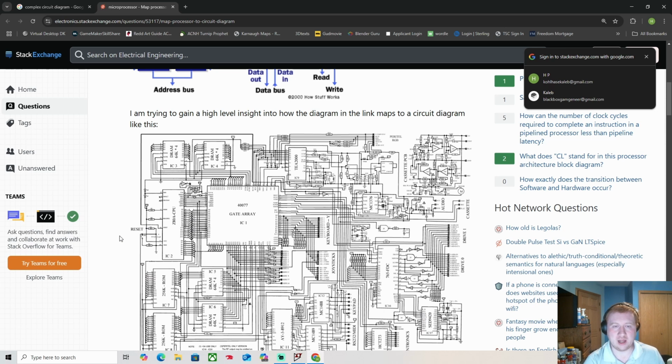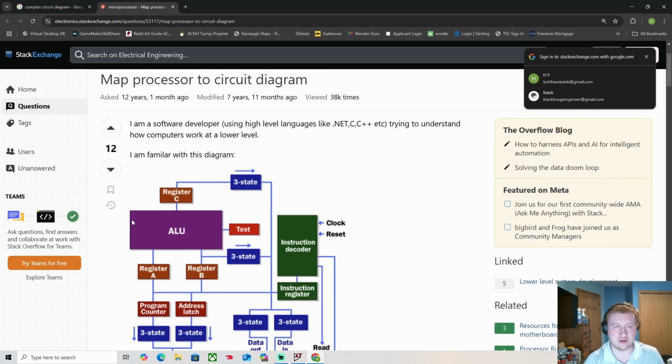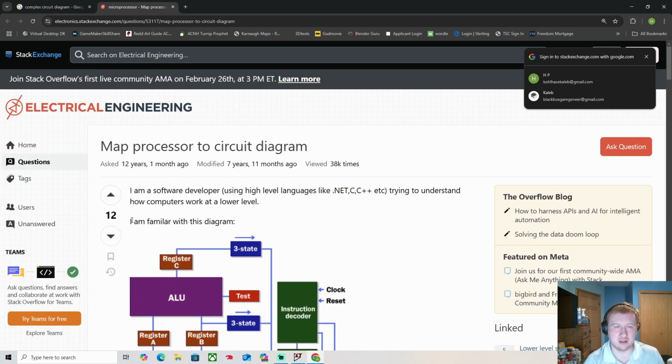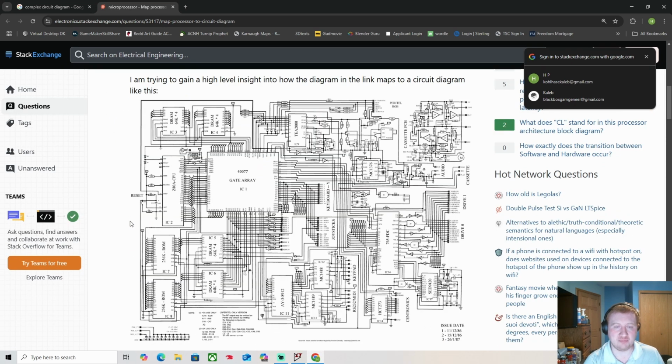So, as you can see on Stack Exchange here, this is a processor diagram. A very complex circuit becomes pretty much impossible to draw everything to one singular point.